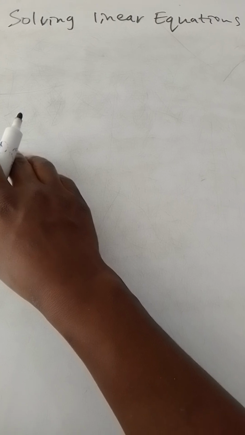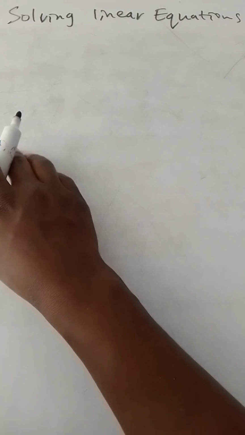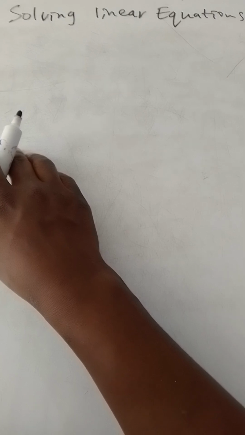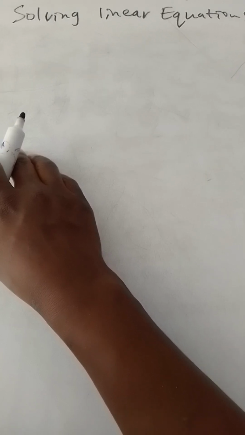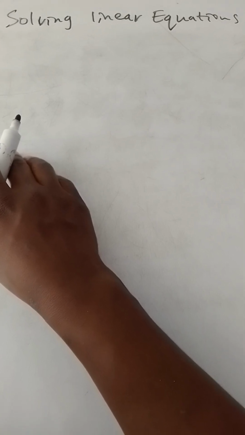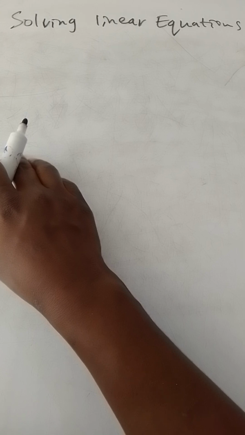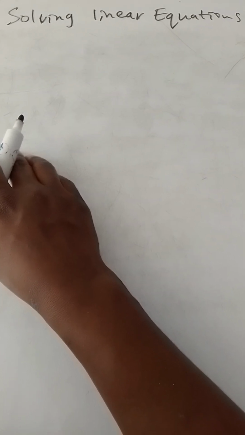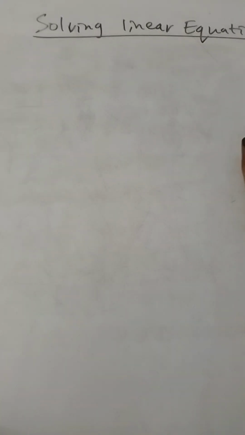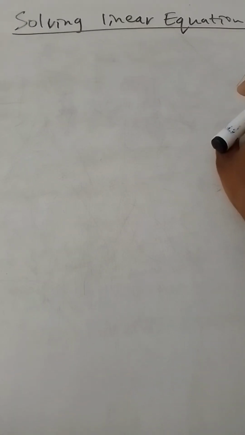Right now we will deal with linear equations where you have only one variable, and even with quadratic equations, we'll be dealing with one variable. Later on, we will do linear and quadratic equations that have two variables. Equations with one variable are called univariate equations.